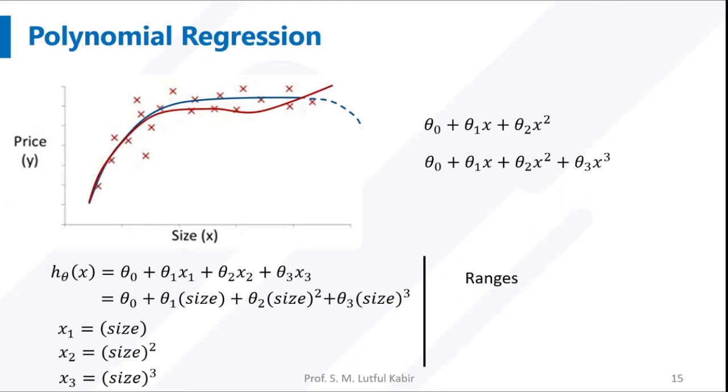For example, x1 is the size and it can be from 1 to 1000 square feet, and size square will then be from 1 to 10 to the power 6, and size cube will be from 1 to 10 to the power 9. So you can see the range is very different. So you need feature scaling as we discussed earlier. With feature scaling, we can make all the features within a similar range.